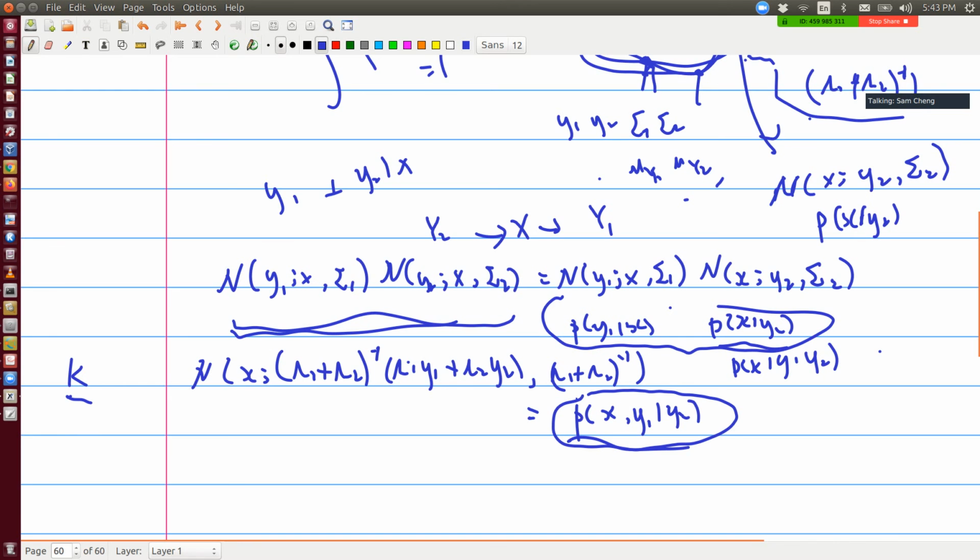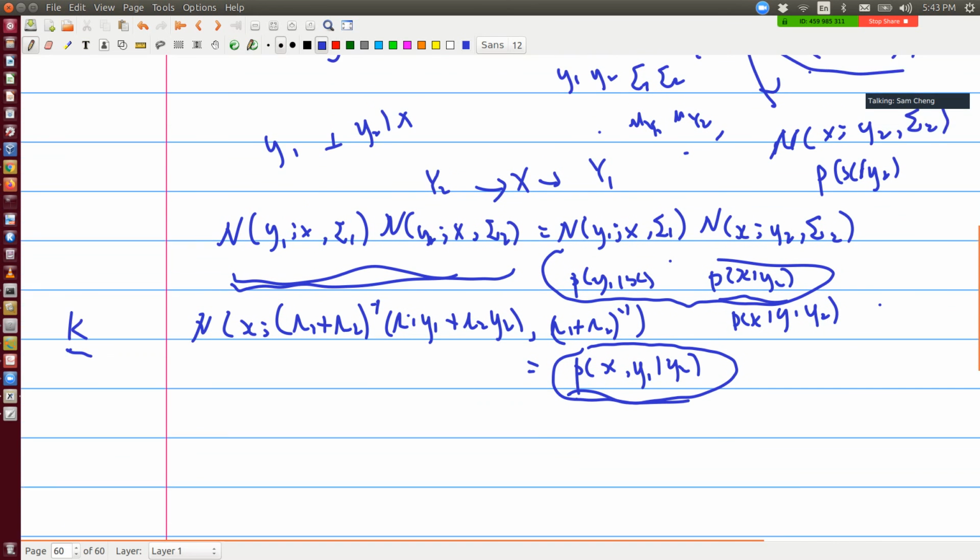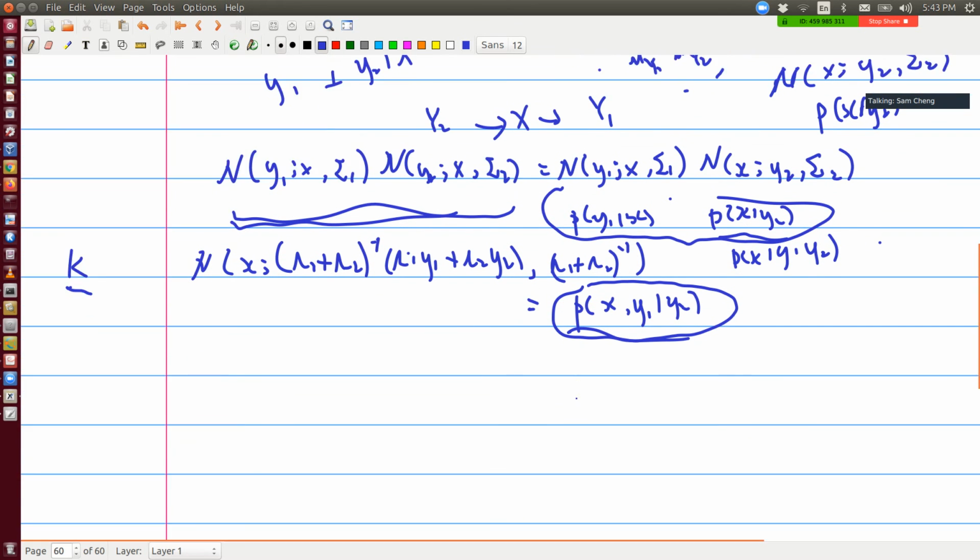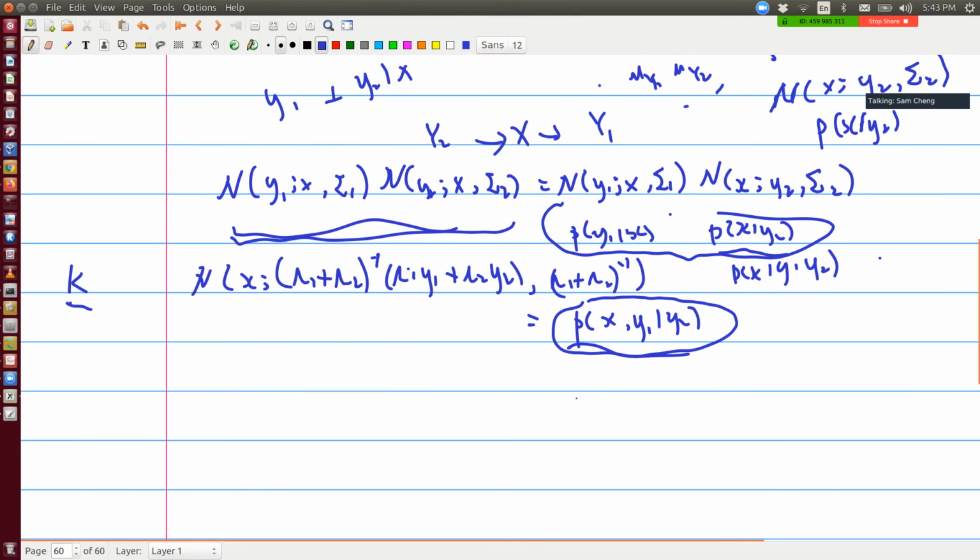Why do I want to do that? Now it's very nice, because I can integrate both sides with respect to x. If I don't have this constant here, this is just a PDF, and integrating over x gives 1.